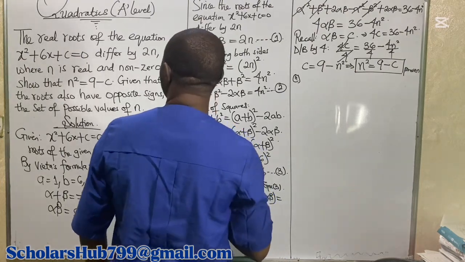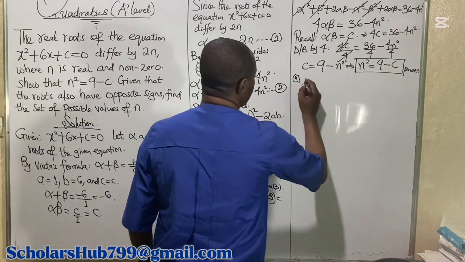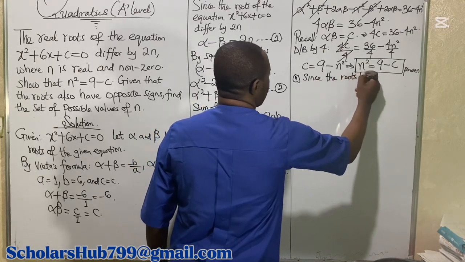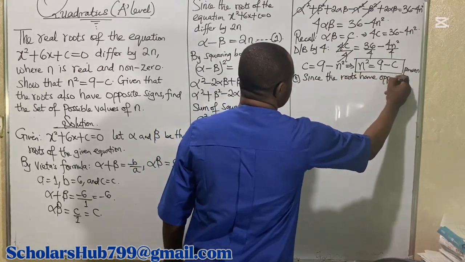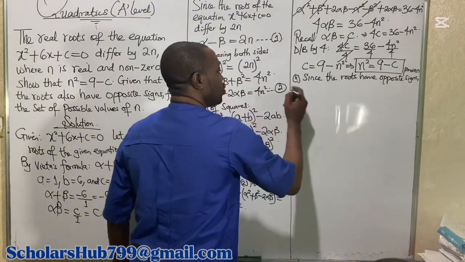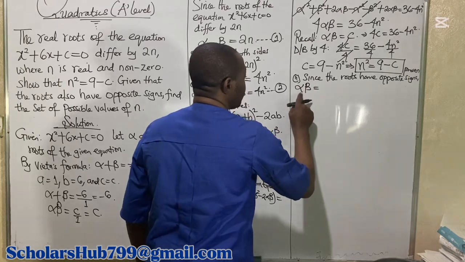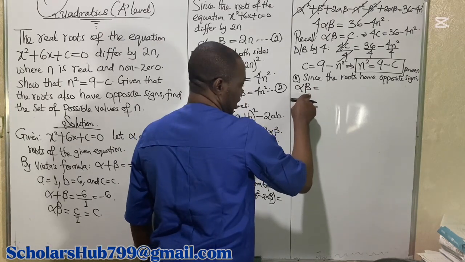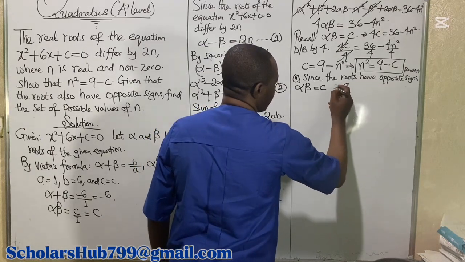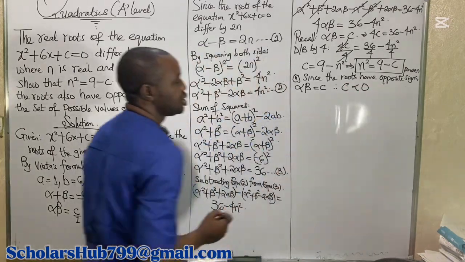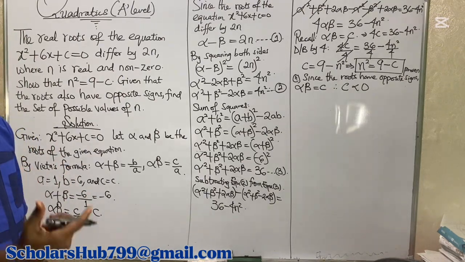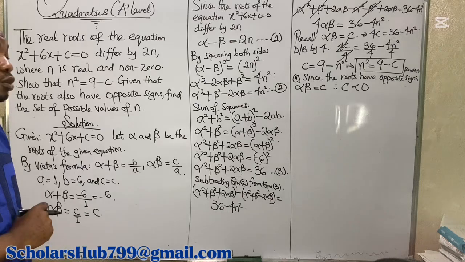Since the roots have opposite signs, the product alpha beta equals c. Therefore c will be less than 0, because c is a real and non-zero number.